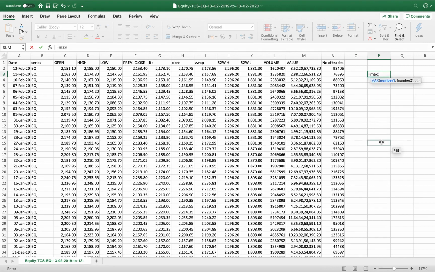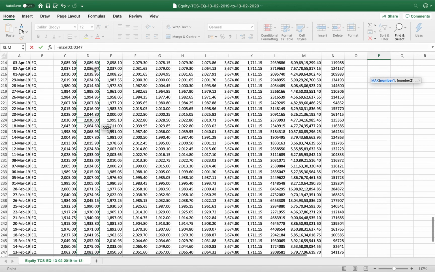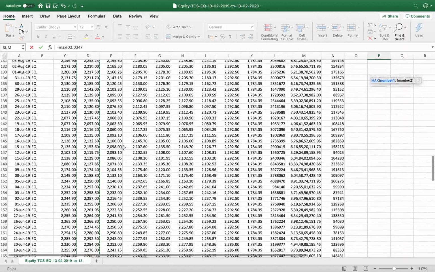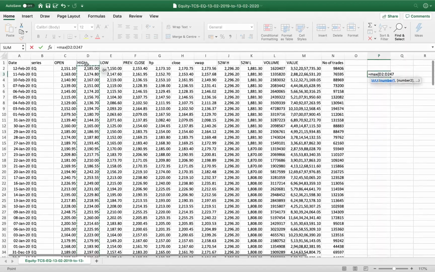Max gives you the maximum value in a set of data. Now the 52-week high will be the max of all these data, the max of the high, so the highest of the high will be the 52-week high.